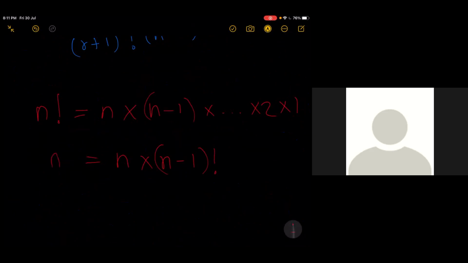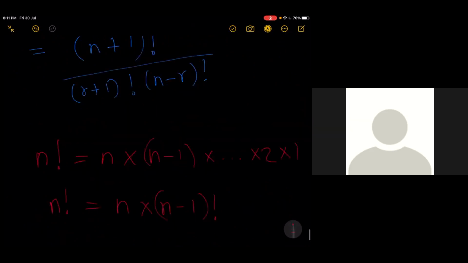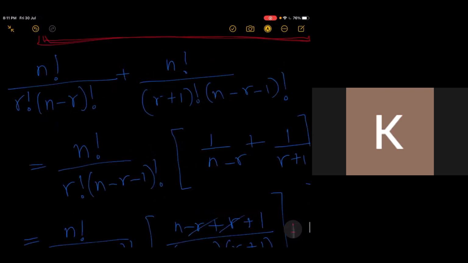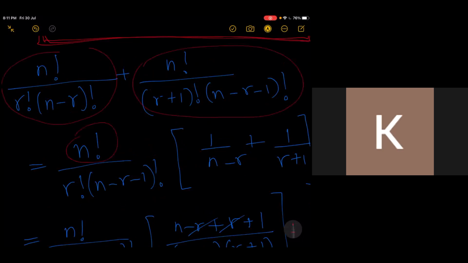Yes. Okay, so if I use this formula, from these two expressions I have taken n factorial common in the numerator, r factorial common in the denominator, and n minus r minus 1 factorial common in the denominator again. So n factorial common, upar 1, 1.